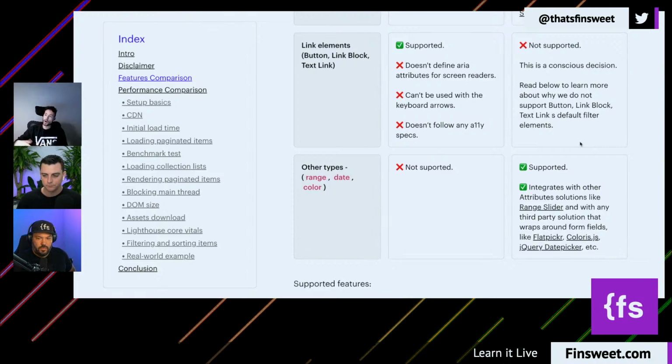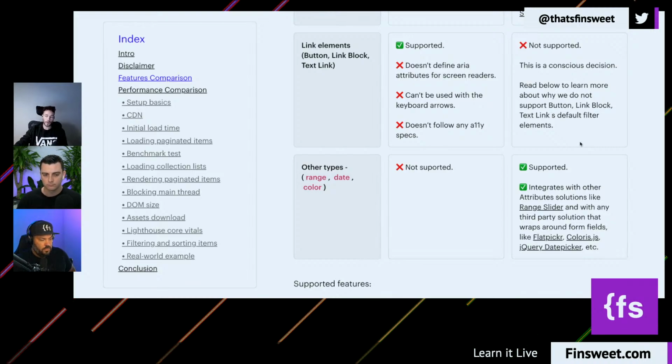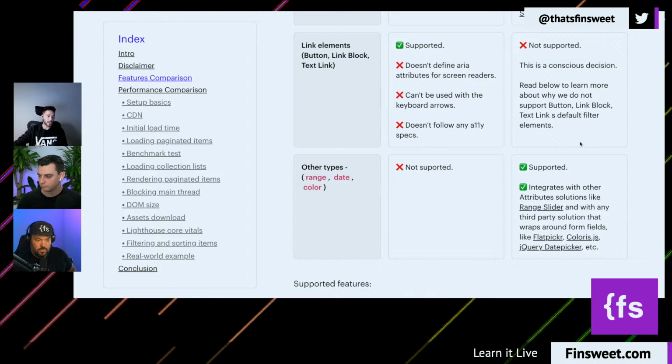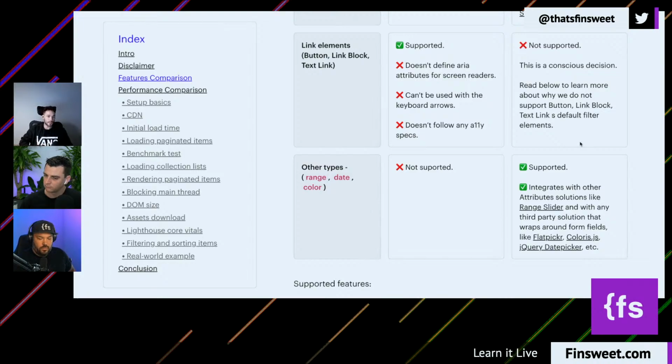And that's why, at the end of that table, we say that we support any other third-party library that builds on top of an HTML input or whatever other form element, like Flatpickr. This is a custom date picker that's very popular. So the main key is that we build on top of form elements, no matter what form element it is, we just support it.